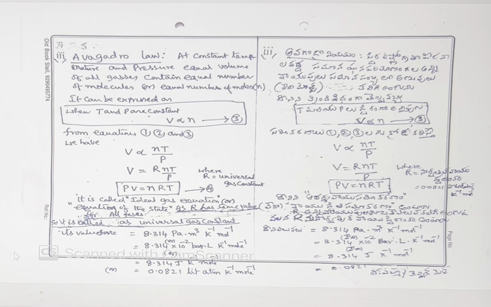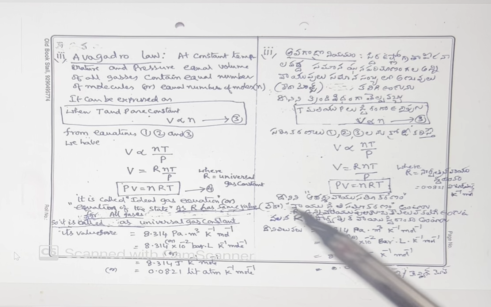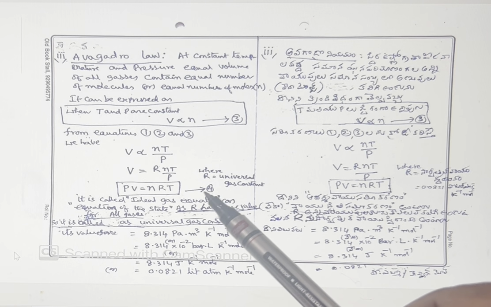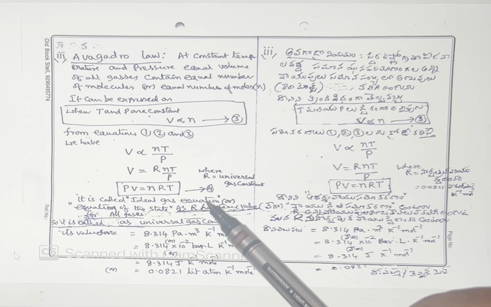Why is R the universal gas constant? Because it is the same value for all gases, so it is called the universal gas constant. Its value is 0.0821 liter atmosphere per Kelvin mole.